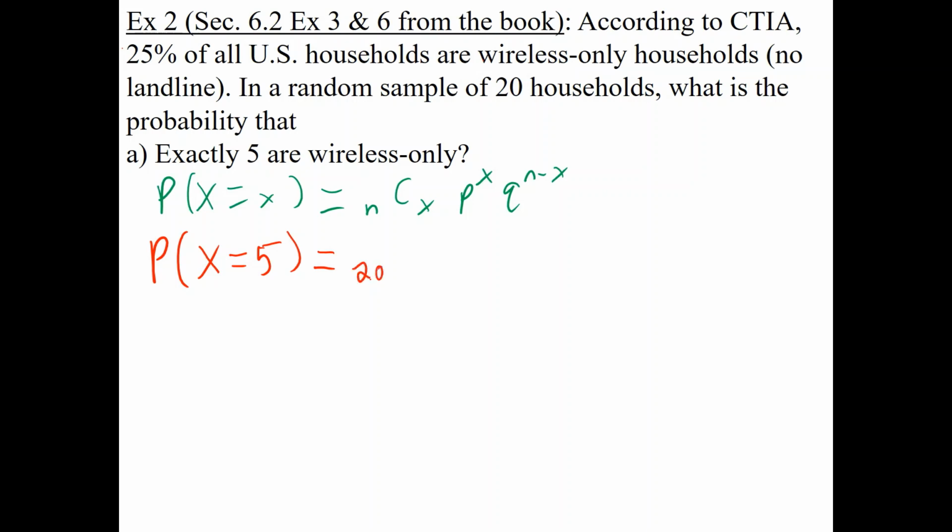Little x is 5. Then you multiply by p, which is 0.25, to the power of little x, which is 5, and then times q, which was 0.75, to the power of 20 minus 5.